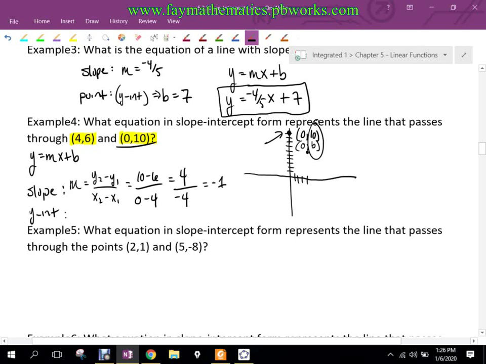Does it make sense that for this particular case, b is 10? We okay with that? Okay. So I'm going to write my equation, y equals mx plus b, -1x plus 10.